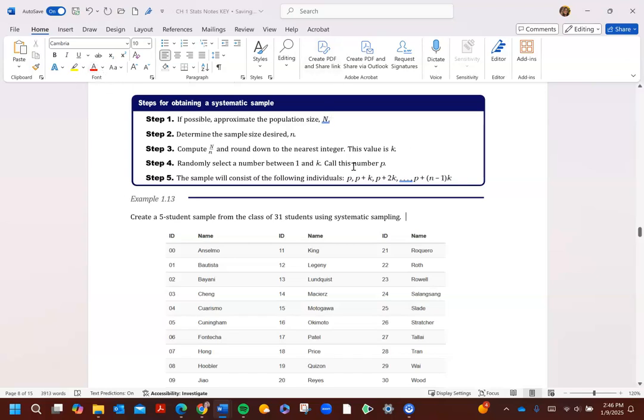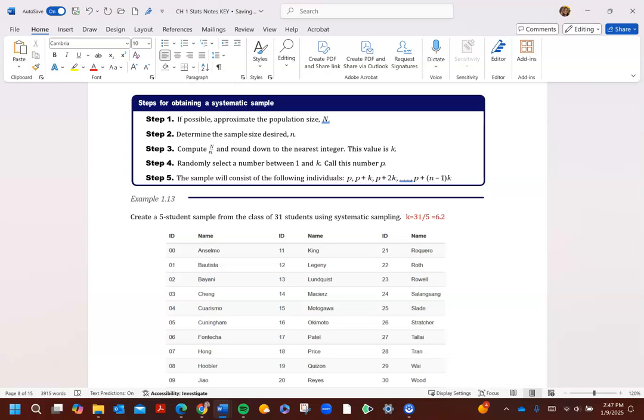So you could do this along with me. k will equal 31 divided by 5. When we calculate that out, we're going to get 6.2.